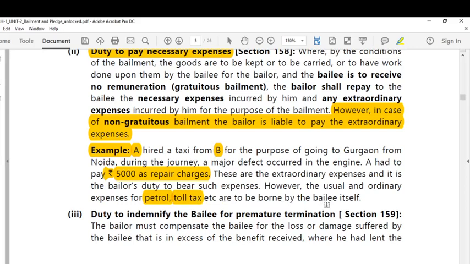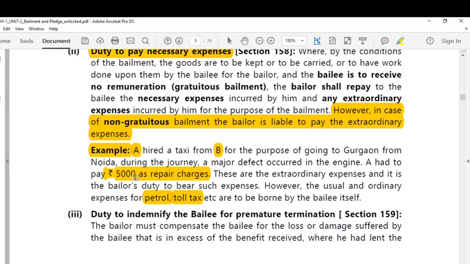So here, in case of a non-gratuitous bailment where both the bailor and bailee are getting benefit, in the given case, Mr. A and Mr. B both are getting benefit. So here the ordinary expenses are petrol and toll expenses that should be borne by the bailee himself, and extraordinary expenses, that is the car gets repaired and the bailee has to pay rupees 5,000 for repair charges, that is an extraordinary expense and it is the bailor's duty to bear such expenses.